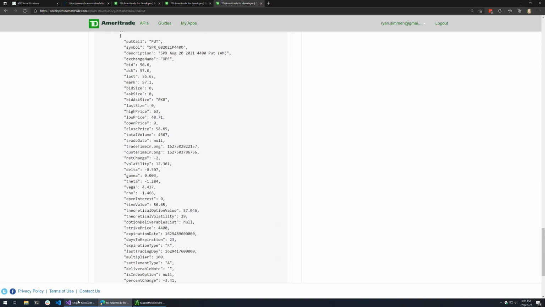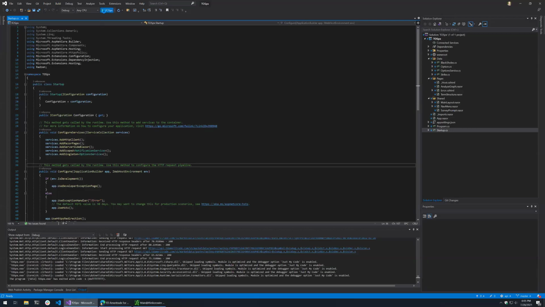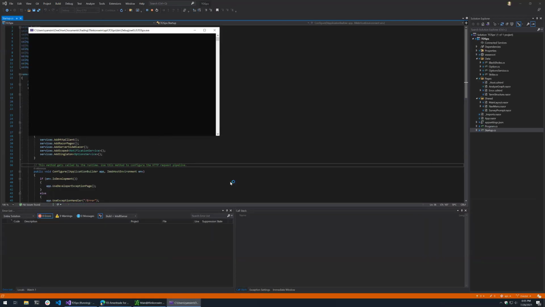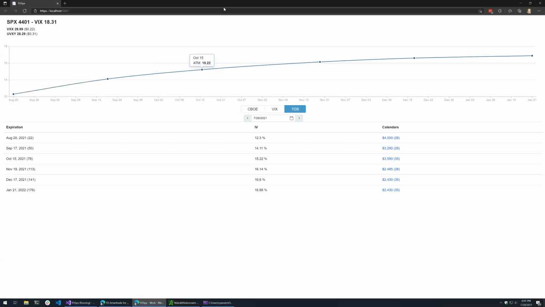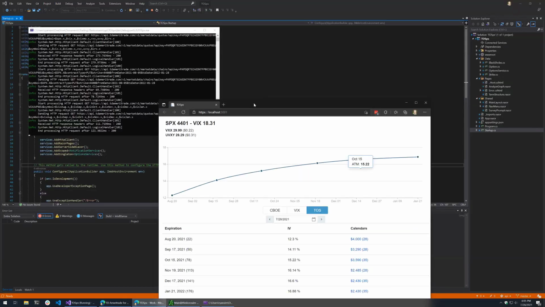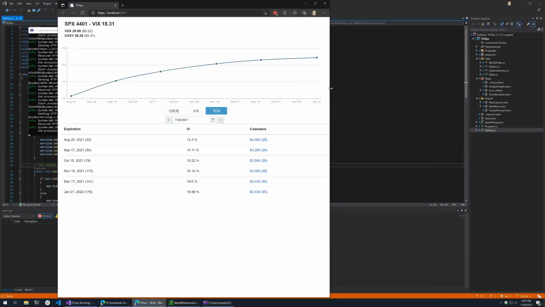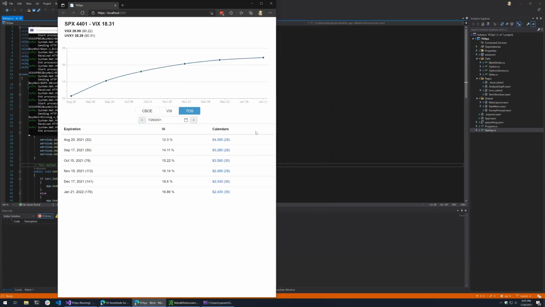And here's the website. So I have shown this briefly before, but I've made a lot of enhancements to it. So the first time I showed it, it looked like this. And all I had was kind of at the money options, which is what you see here.